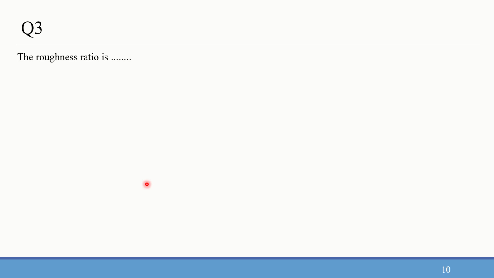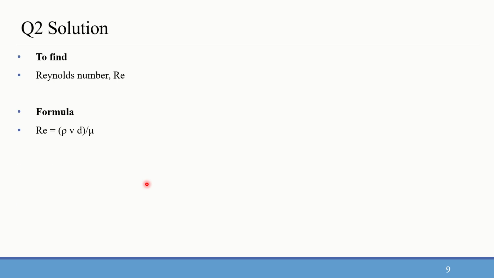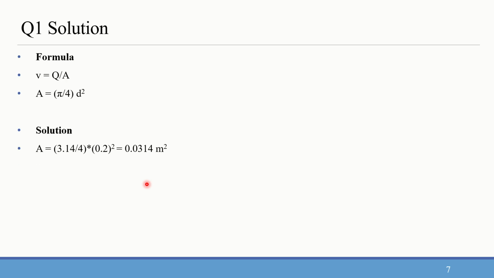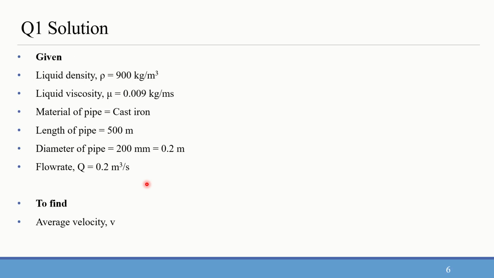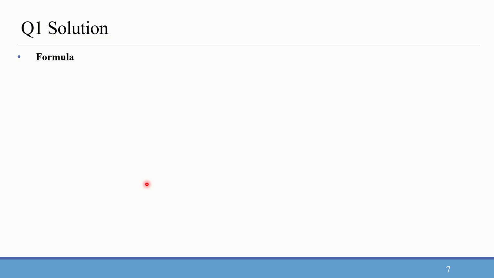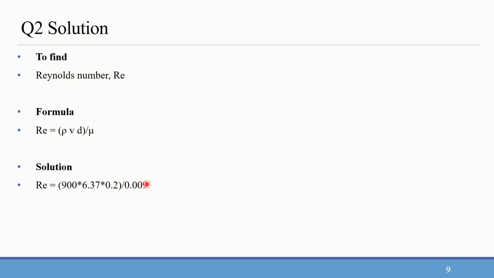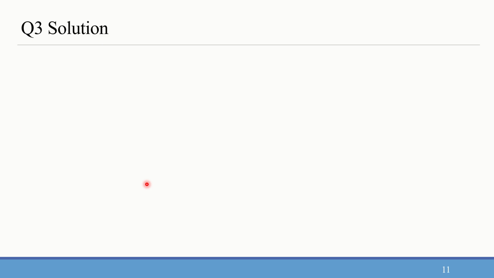I think here the material is cast iron. So for cast iron, we have to see the roughness ratio, and we have to get epsilon for cast iron. So try to get it.